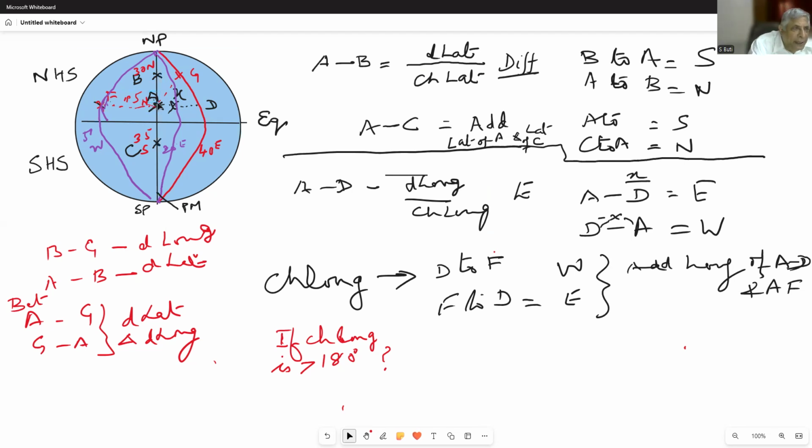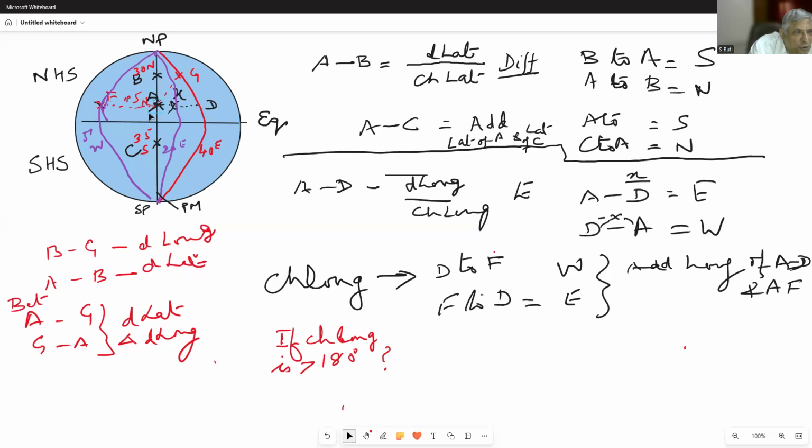Between A and C, to find out the change of latitude, add the latitude of A from equator and the latitude of C from equator.